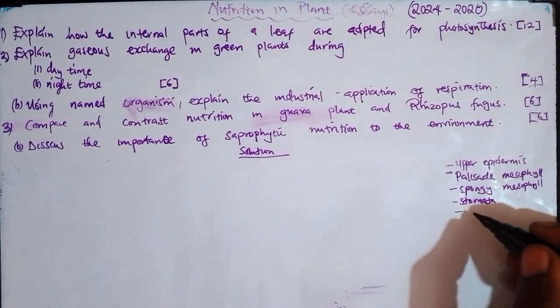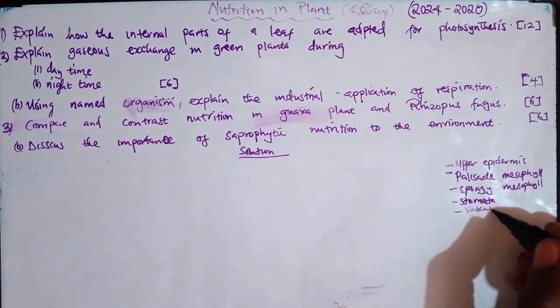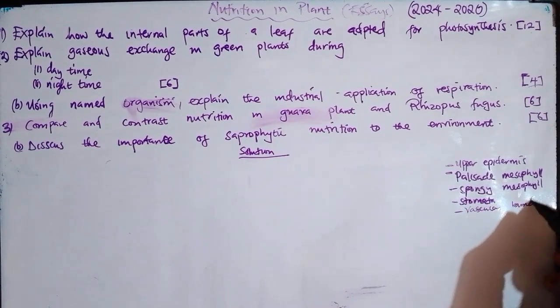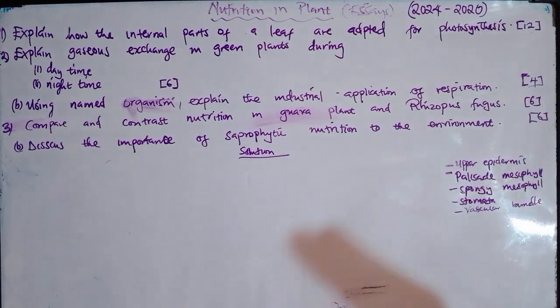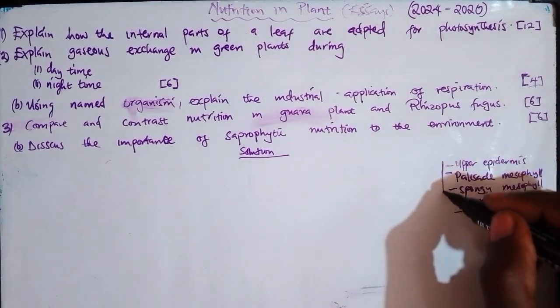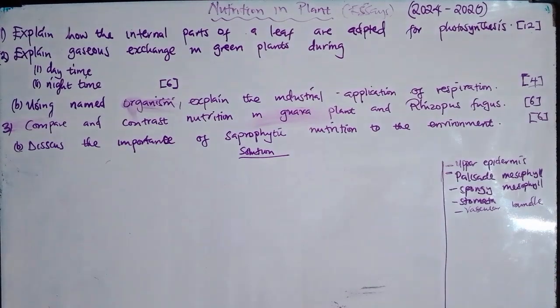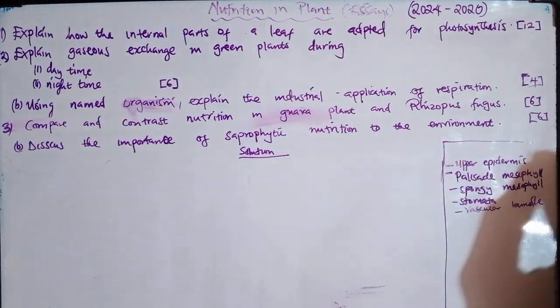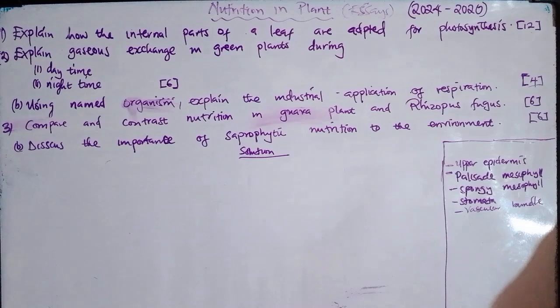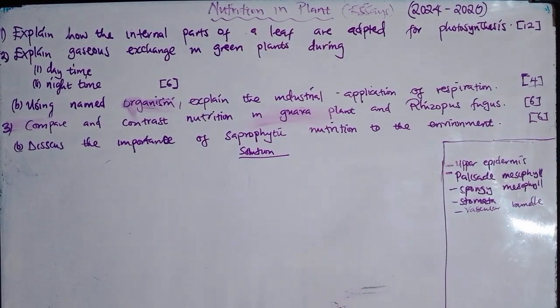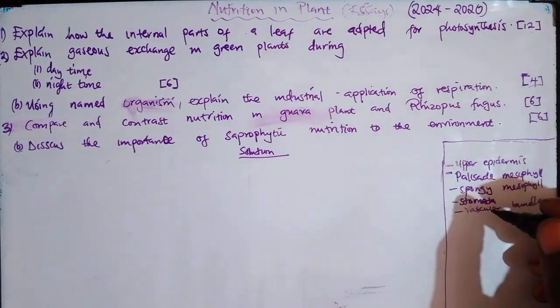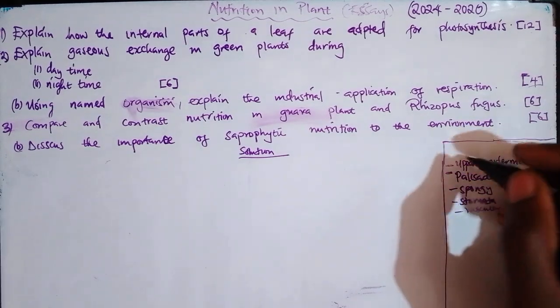It also has what is known as the vascular bundle. So these structures are the structures which enable a plant to adapt to photosynthesis. This is just a summary. If you forget, just remember the plant has the upper epidermis, palisade mesophyll, spongy mesophyll, the stomata and the vascular bundle.